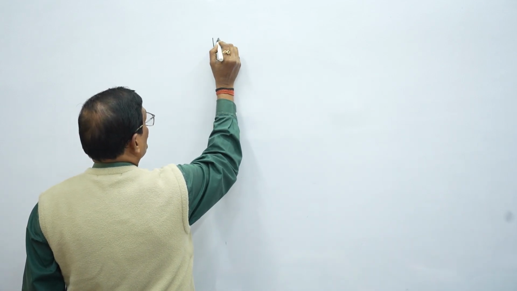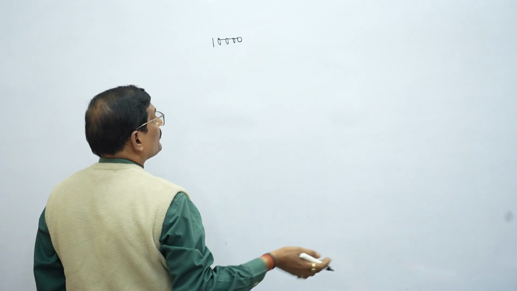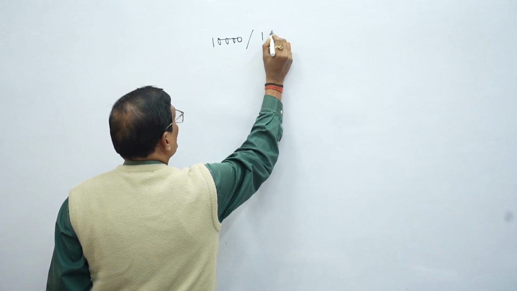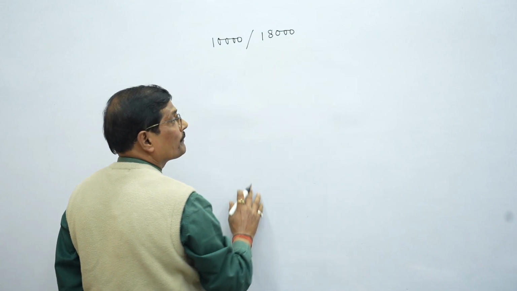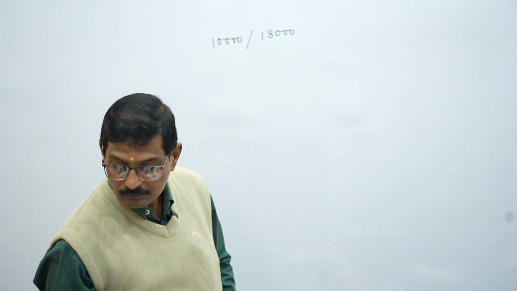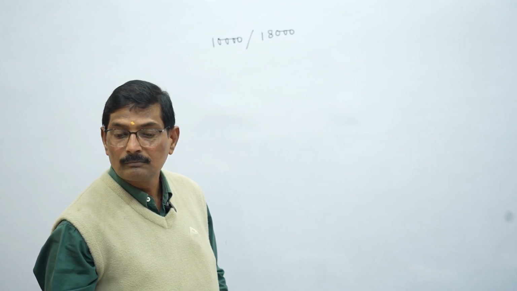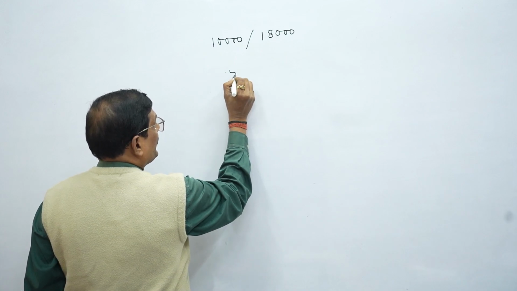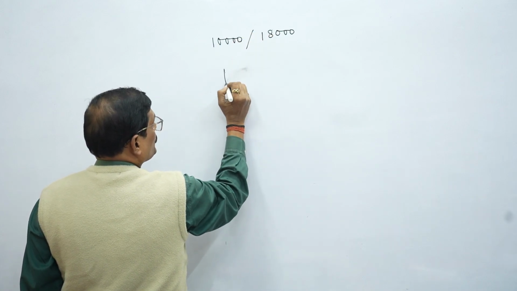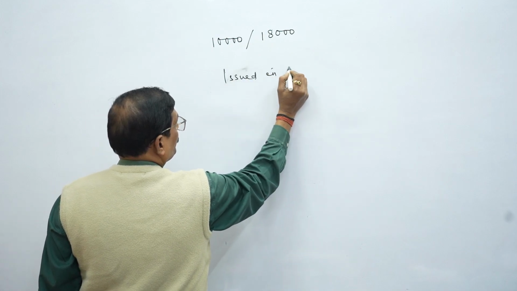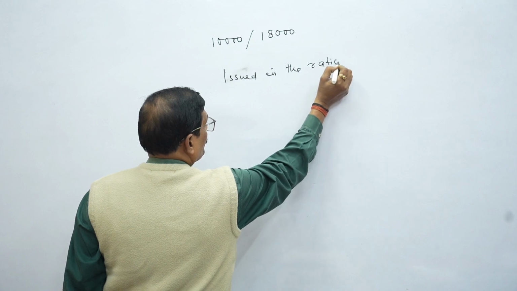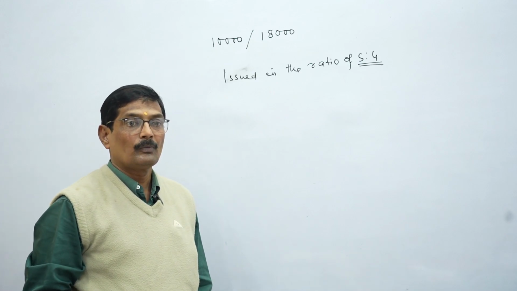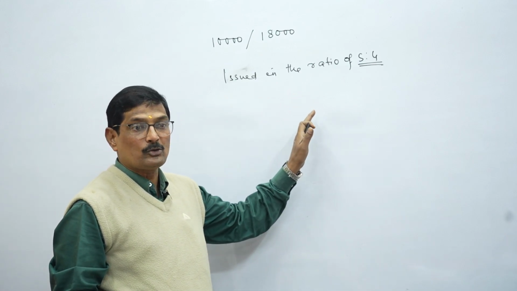Now suppose 10,000 shares are issued and applications were received for 18,000 shares. Say shares are issued in the ratio of 5:4.